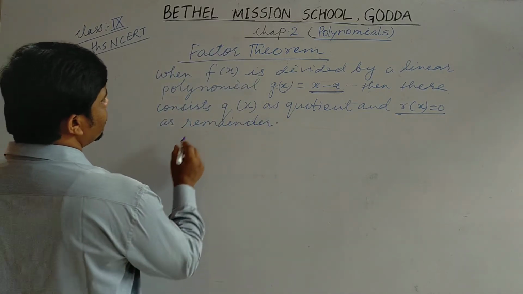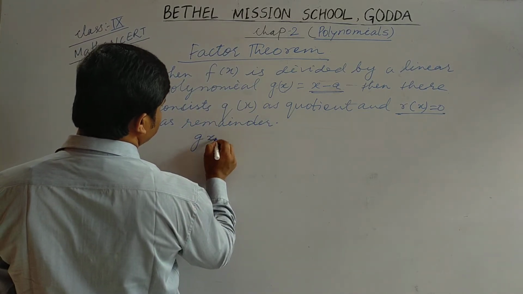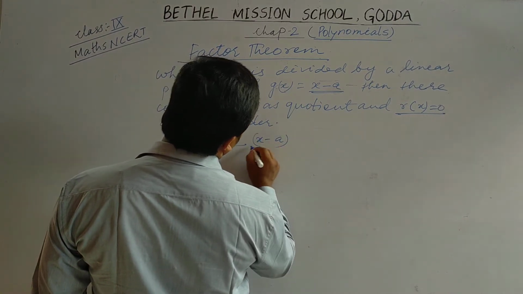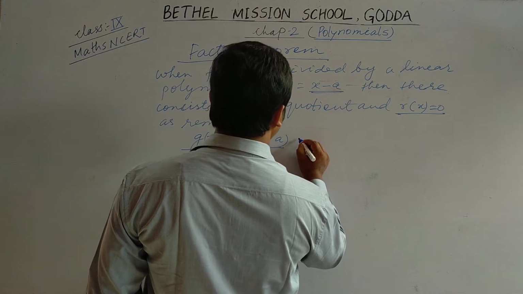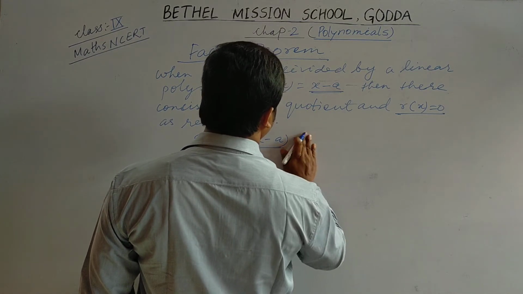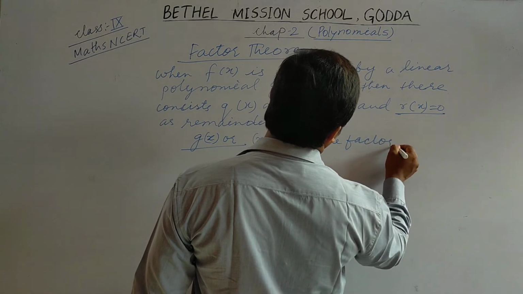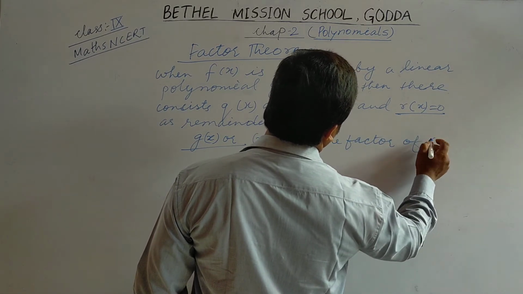Remainder 0 means g(x), or x - a, is a factor of f(x).